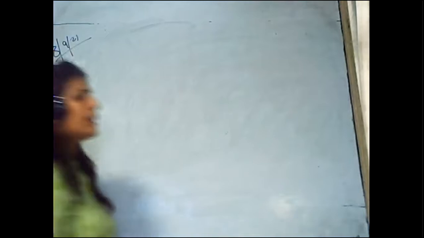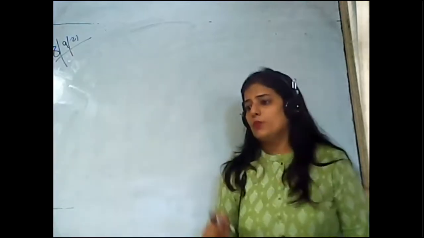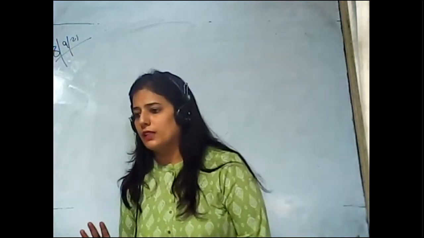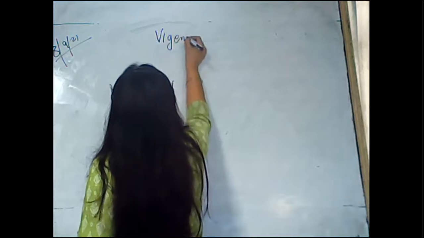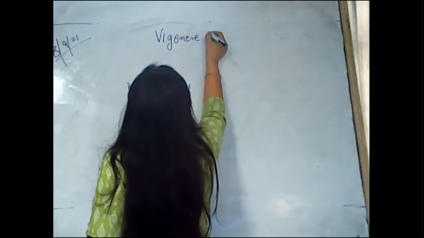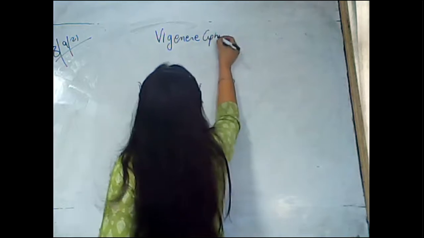I am going to share my screen to show you that table, the Vigenere table. That table is a 26 by 26 matrix, meaning 26 rows and 26 columns. So let's start with the Vigenere cipher technique.